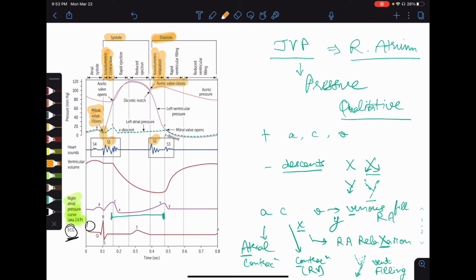As you see here in the systole and diastole, besides this we also have the rapid phase. In systole it will be called rapid ejection, in diastole it will be called rapid ventricular filling, and the third in systole is the reduced ejection phase, and in diastole it will be the reduced ventricular filling.